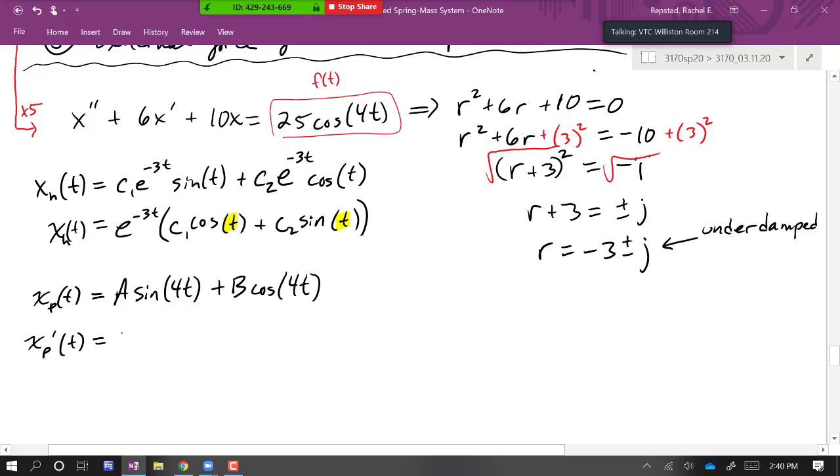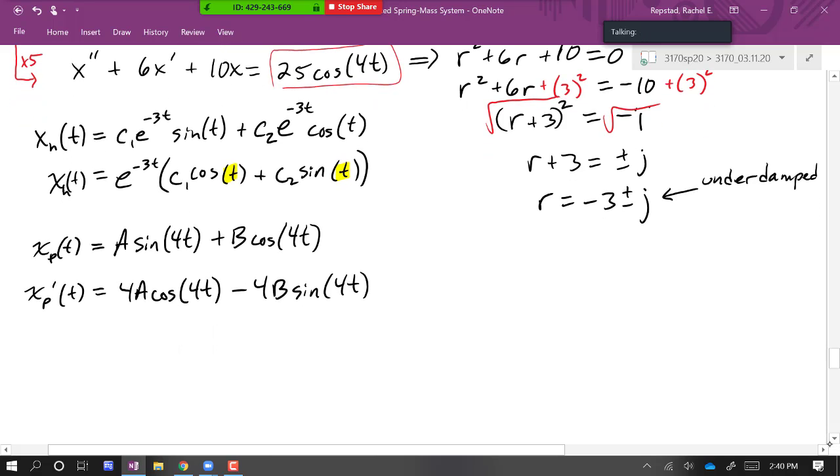We get 4a cosine 4t minus 4b sine 4t for the first derivative, and then the second derivative: negative 16a sine 4t minus 16b cosine 4t.